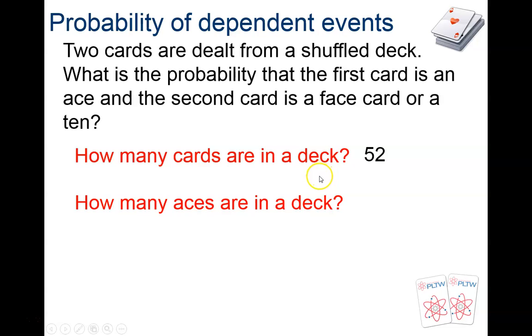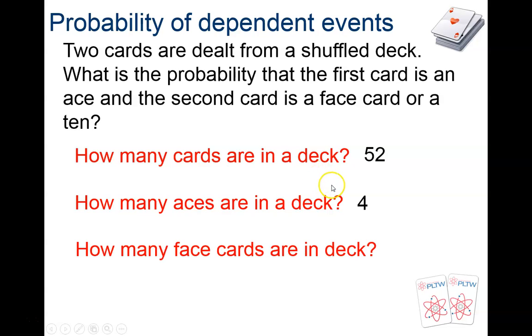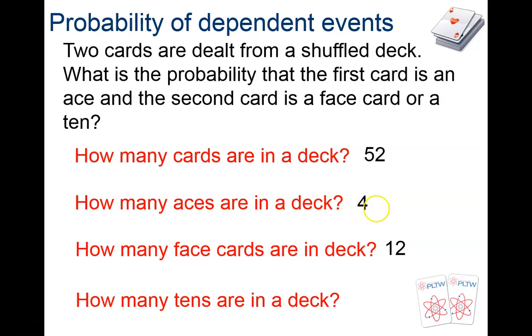Well, there's 4 suits, so there's 4 aces. And how many face cards are in the deck? Well, there's jack, king, queen for each suit, and there's 4 suits, so there's 12. How many 10s are in a deck? There'd be 4 of those as well, 1 for each suit. A little bit of review for those of you non-gamblers.